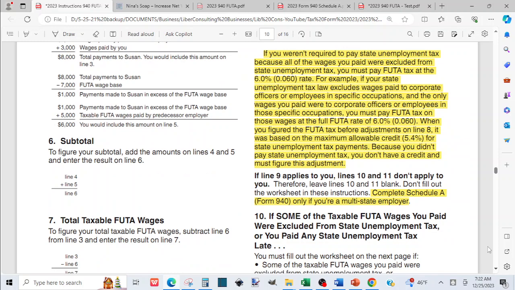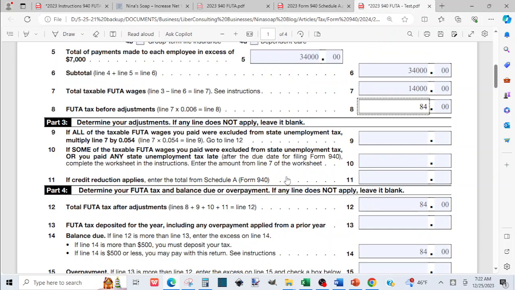If you pay state unemployment tax and you pay it on time, then you don't have to figure the adjustment. But if you didn't, then you need to figure the adjustment, and they have options here.